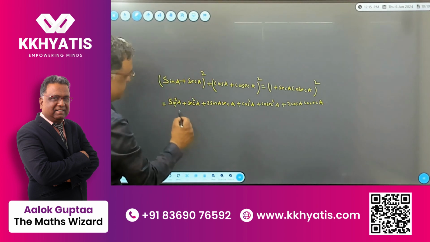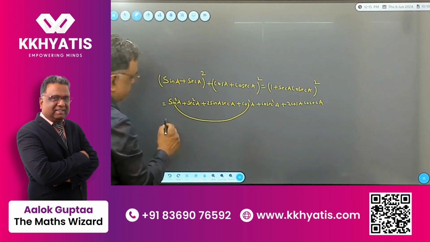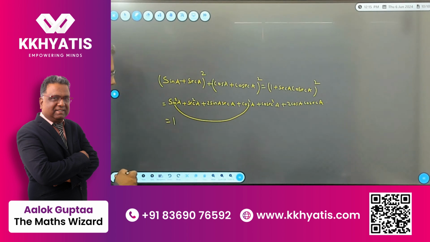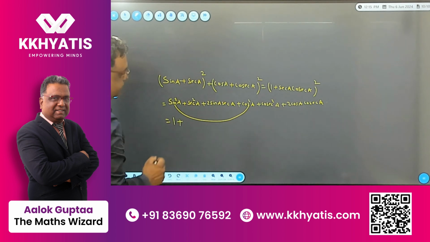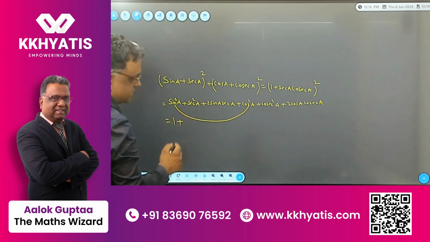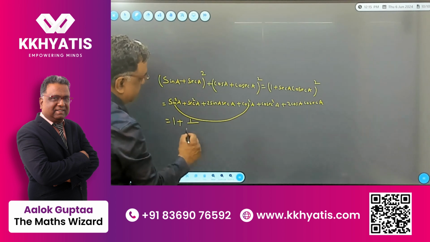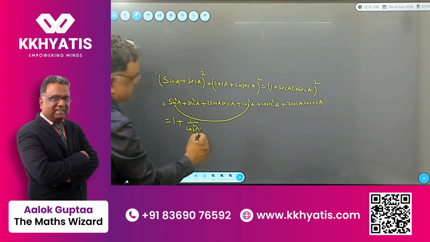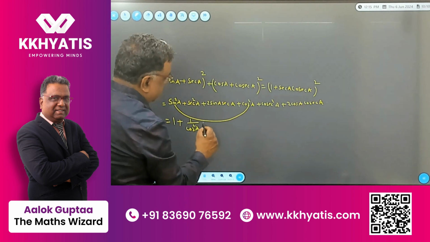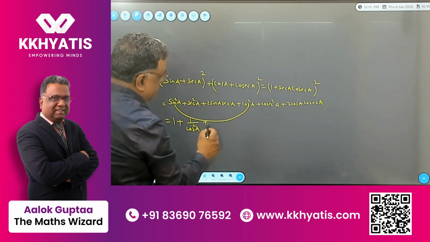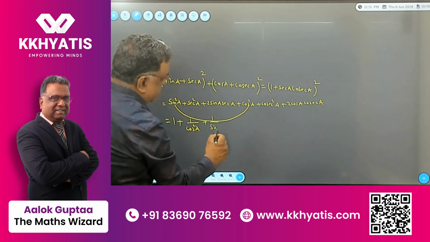Now this sine square A and this cos square A together will become 1, and this sec square A, I will write as 1 upon cos square A because sec A is reciprocal of cos A. This cosec square A, I will write as 1 upon sine square A.